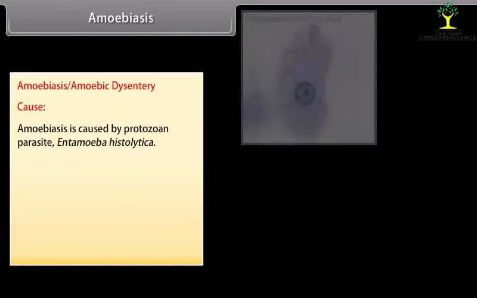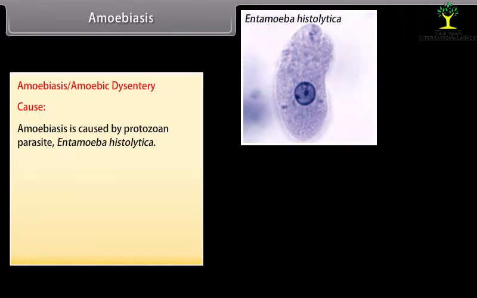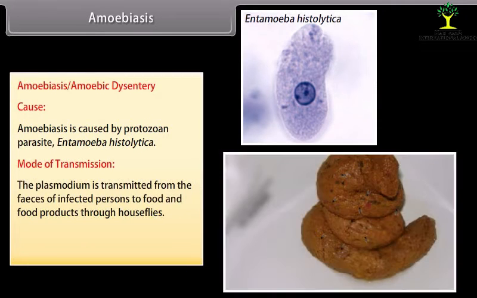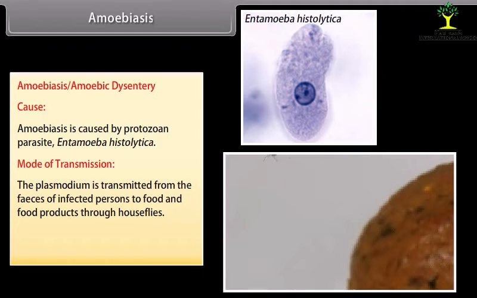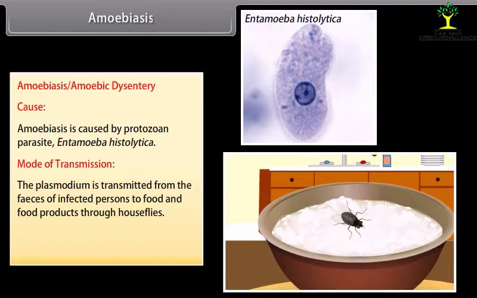Amoebiasis. Amoebiasis or amoebic dysentery. Cause. Amoebiasis is caused by protozoan parasite Entamoeba histolytica. Mode of transmission. The parasite is transmitted from the feces of infected persons to food and food products through houseflies.